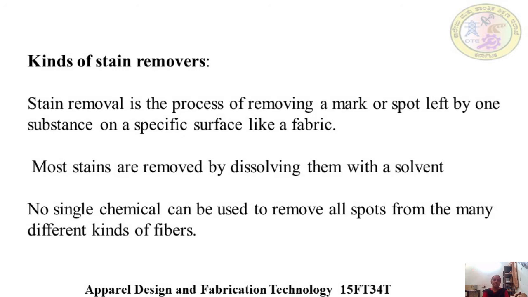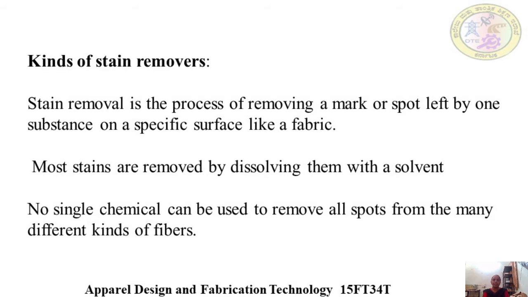Kinds of stain removers. Stain removal is the process of removing a mark or spot left by one substance on a specific surface like a fabric. Most stains are removed by dissolving them in a solvent.